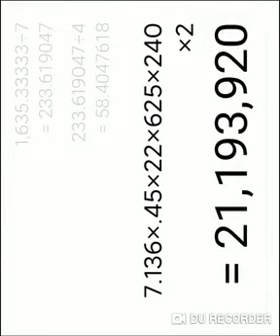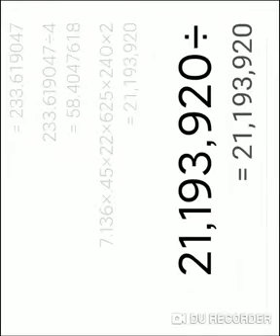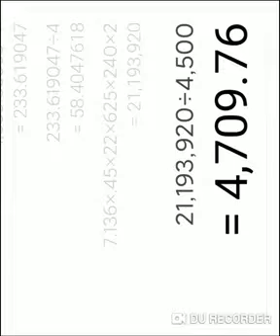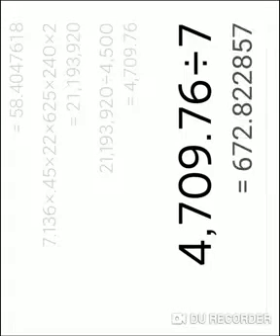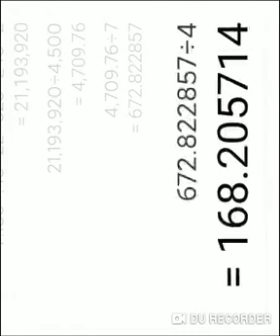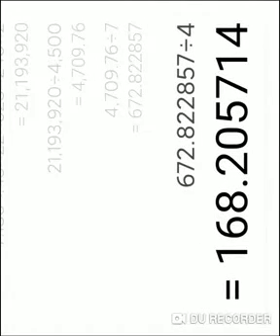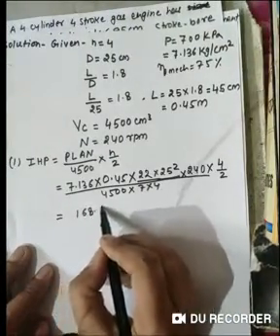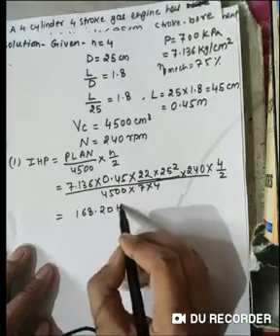So answer became this, and this is divided by 4500, and again it is divided by 7, and again it is divided by 4. So your answer is 168.205. So answer is 168.20 HP.